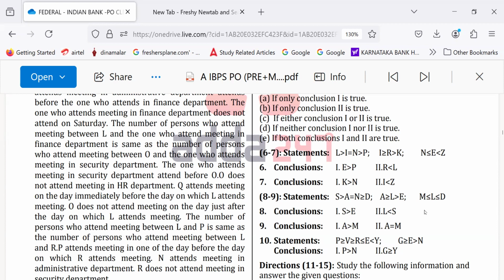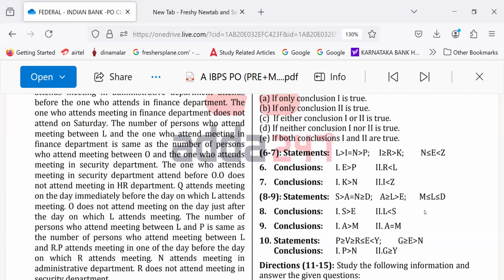When you think, you will get L is less than S, because S is greater than A and A is greater than or equal to only L. So that means L is less than S. A is not always greater; A may be greater or equal.